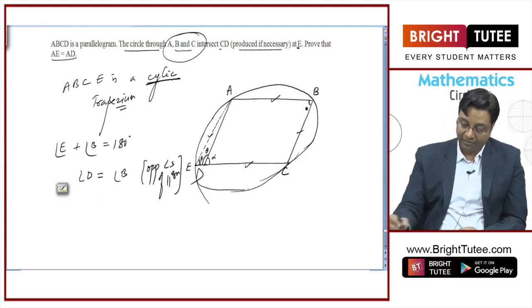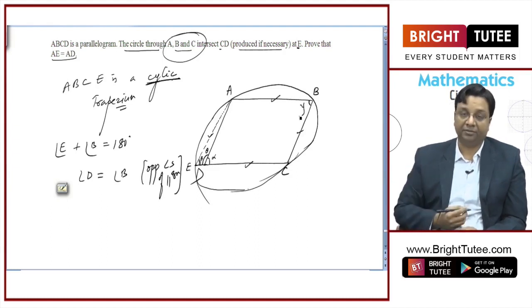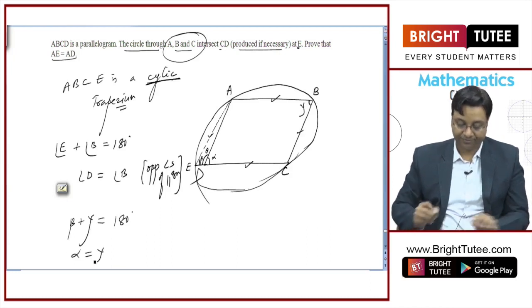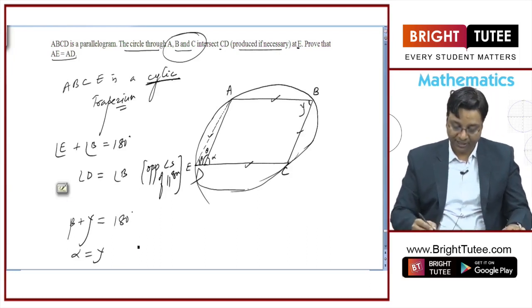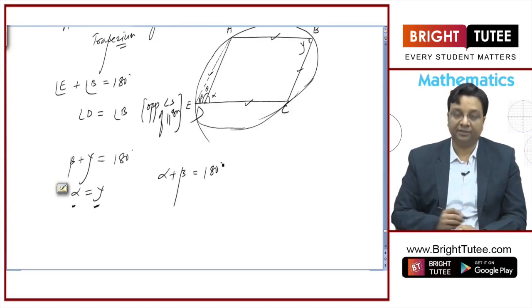Alpha is equal to angle B plus, let us give a name to this angle also, gamma. So now beta plus gamma is equal to 180 degrees. Alpha is equal to gamma, so from here I can replace gamma by alpha. So alpha plus beta is also equal to 180 degrees.